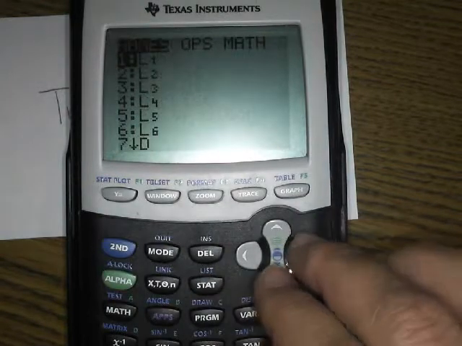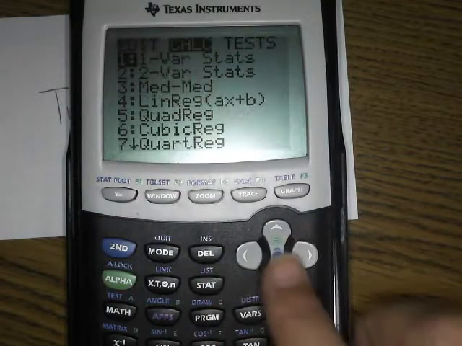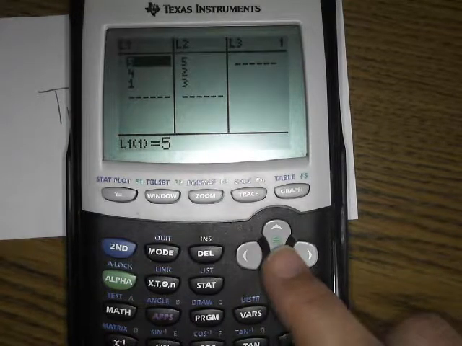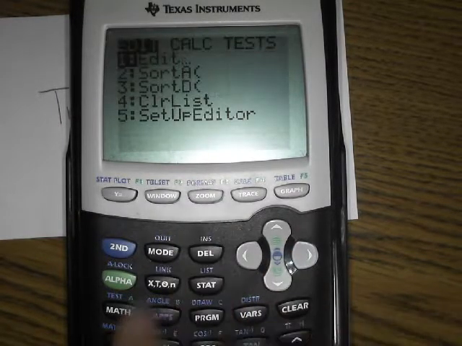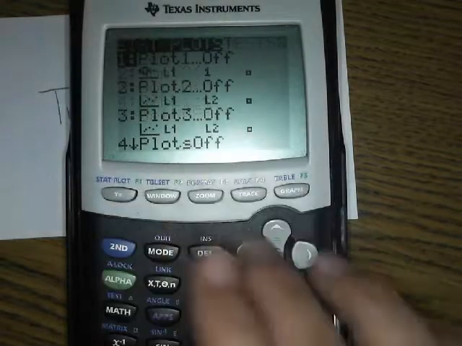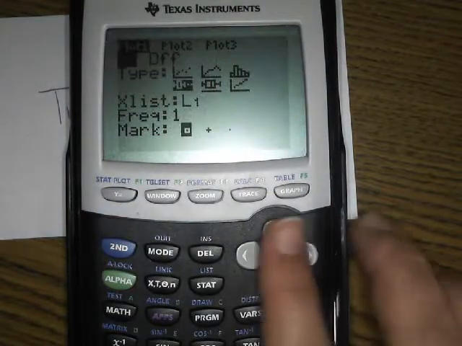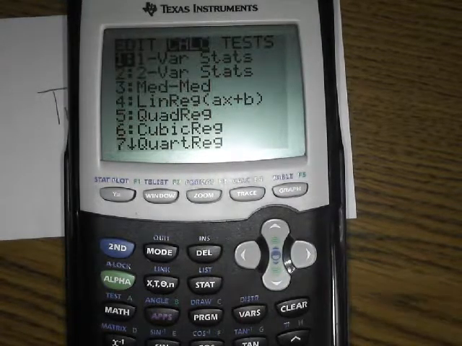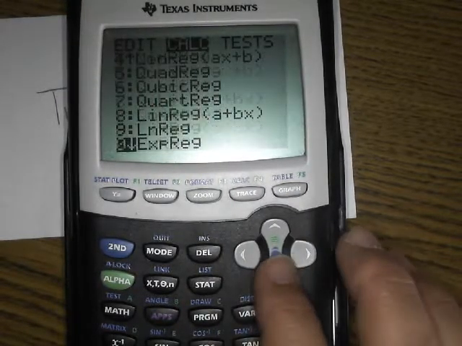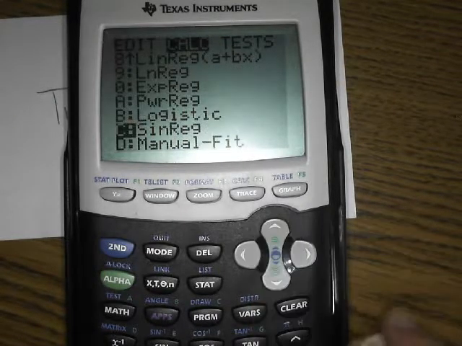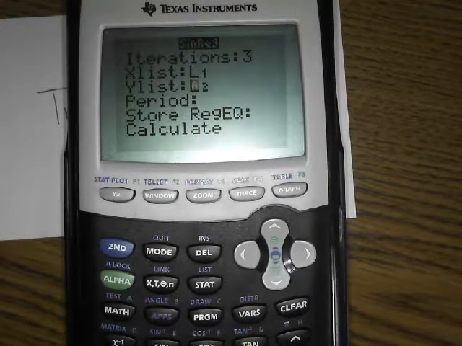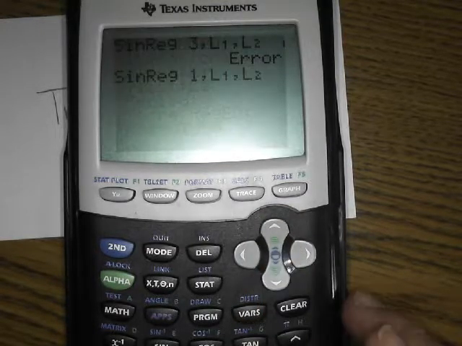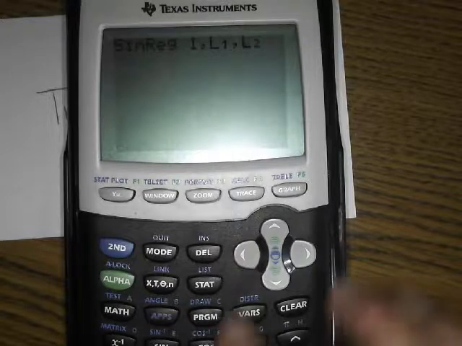Maybe your calculator can't be used. What's that? Oh, you're right, it's not. I don't know if it has to be, though. Maybe that's it. I want a scatter plot. Usually you don't have to have it on to run a regression. You have to have it on to see a scatter plot, but you don't have to have it on to run a regression. I wonder if it's because of the iterations thing. Invalid dimensions.